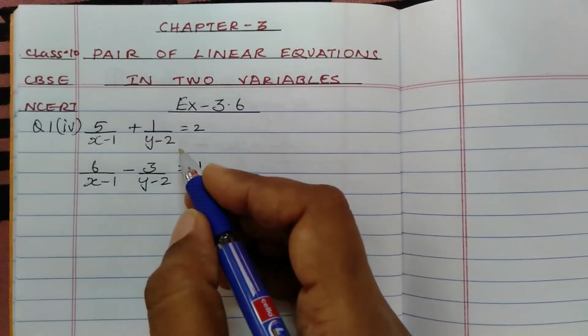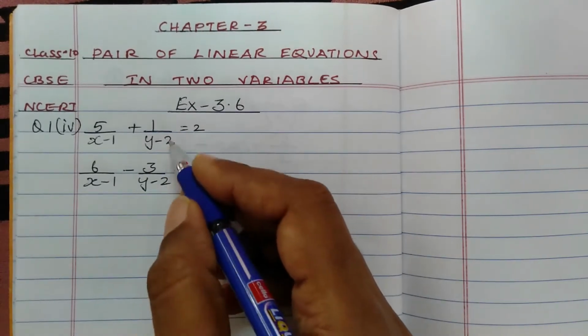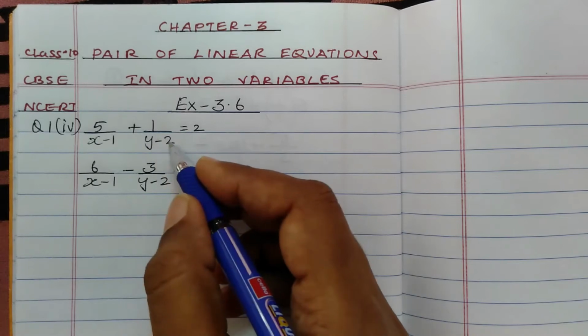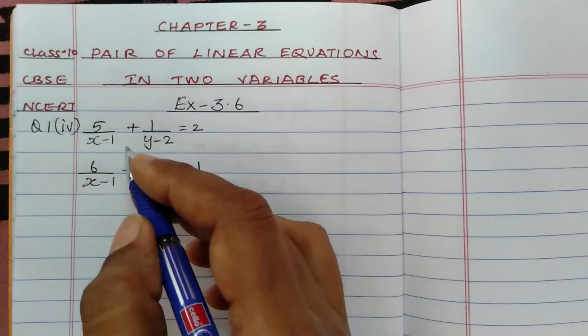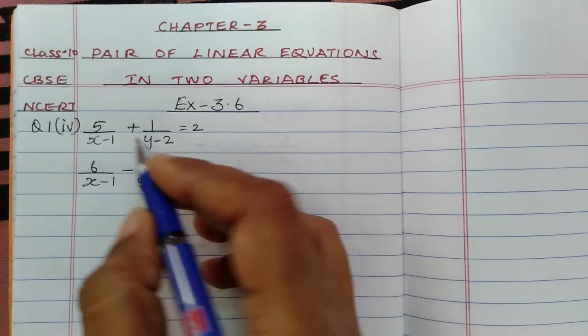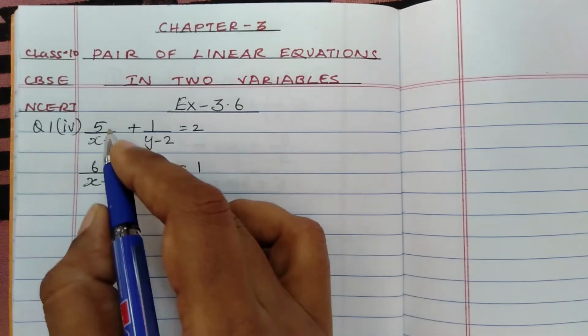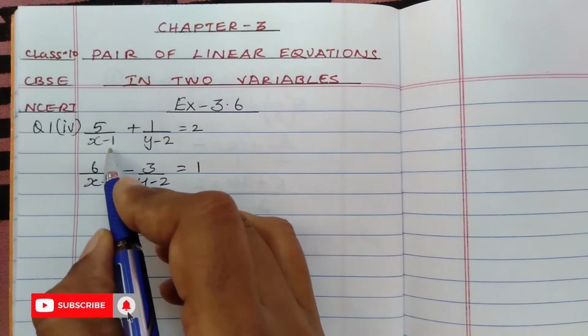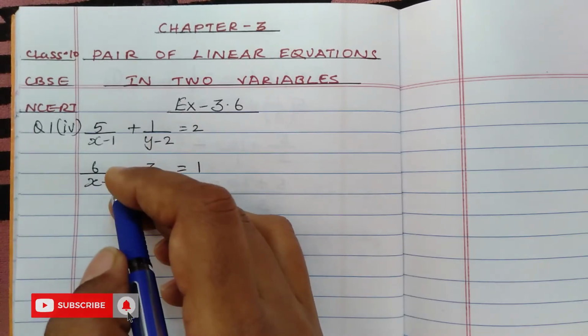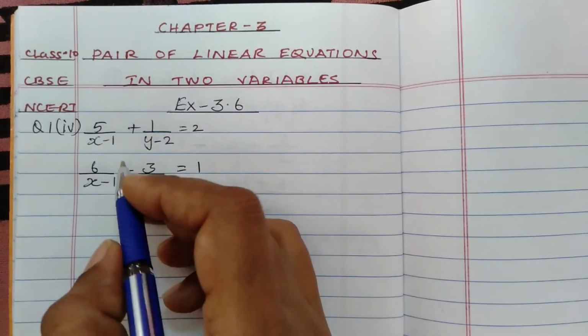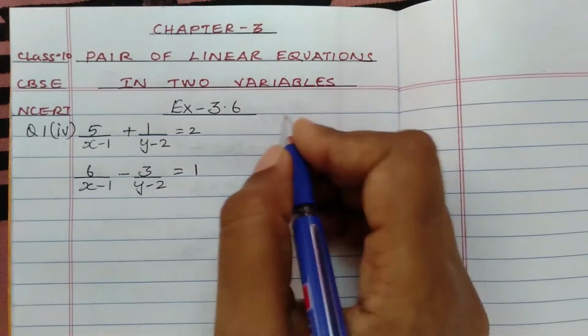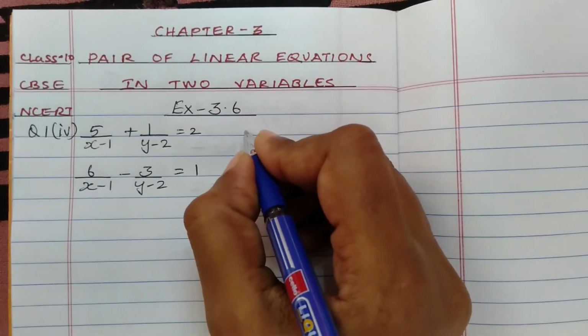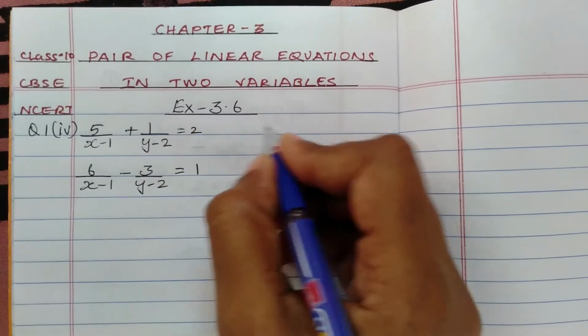And same way if you see the denominator in both the equations for the second term, it is y minus 2. So what does it mean if you want to split the terms separately as the variable and the coefficient? Now here we can see that 5 is the coefficient and x minus 1 will be the variable. Now if you split it, you can split it in such a way that if you multiply, then you have to get the same answer.